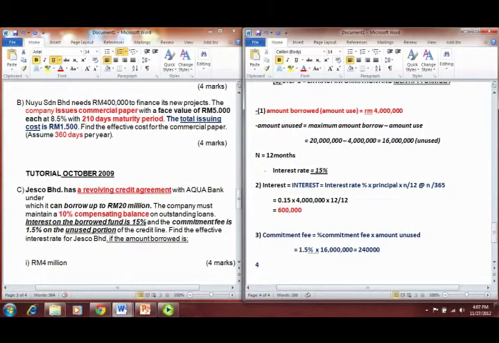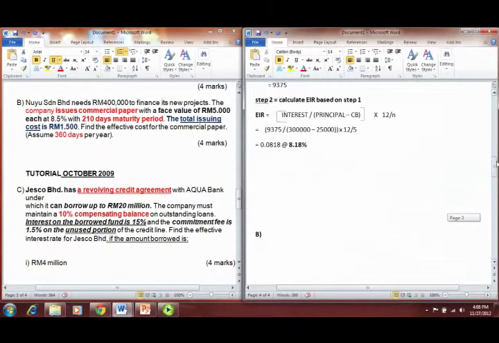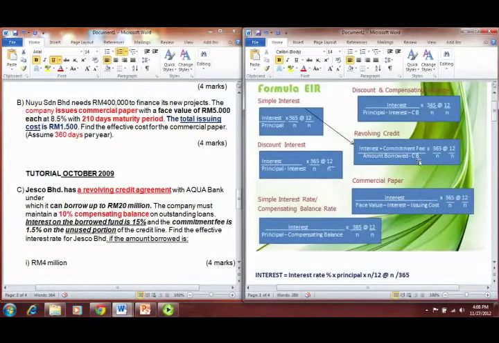Last, class, the next information that you need to calculate is very important. Why? Because based on your CB formula, you need to have your CB amount. As you can see now, you have your interest, your commitment fee, and your amount borrow. Now you need to calculate your CB.